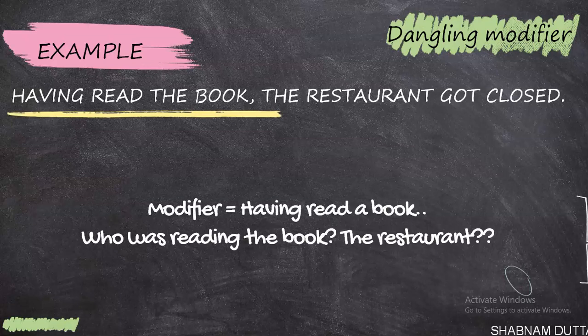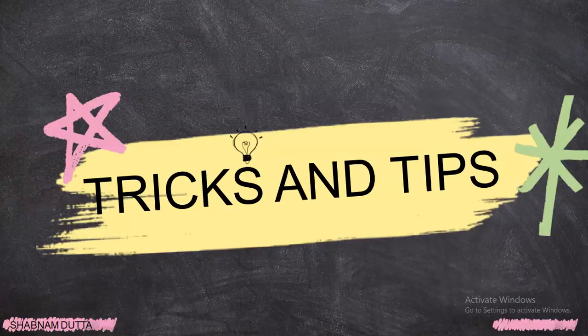Like to the question, who was reading the book? The answer would be restaurant. Oh my god, it cannot be, right? So this is a dangling modifier. Got it? Now let's learn how to avoid such errors.